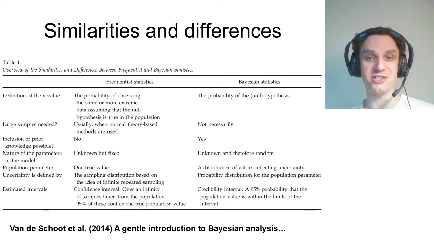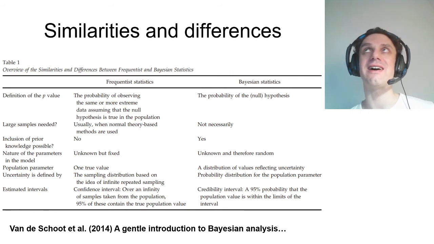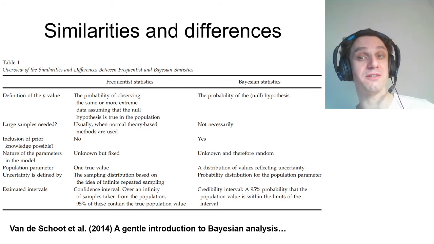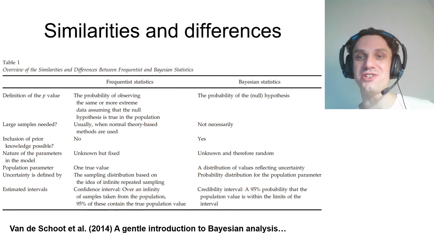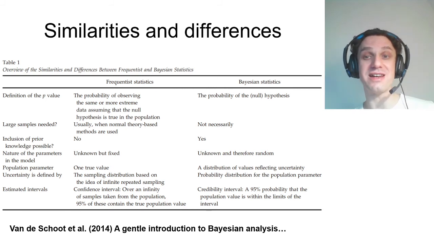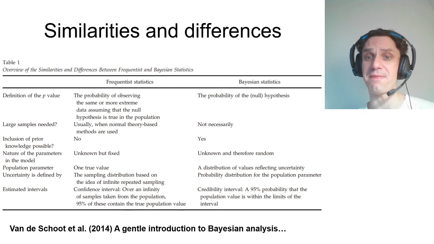Another disadvantage is that because it's more complicated, it offers more degrees of flexibility. For example, by choosing different prior distributions, you can influence to some extent the estimates that you get as a result. Now, this gives a researcher more flexibility, but it also gives a researcher more degrees of freedom.